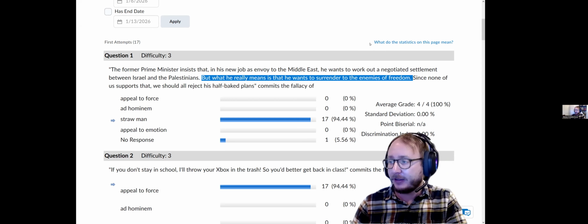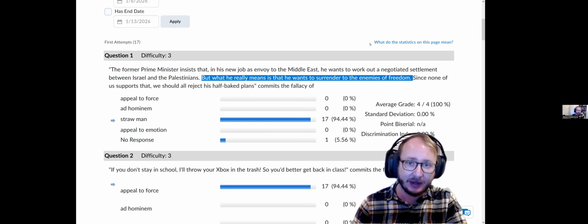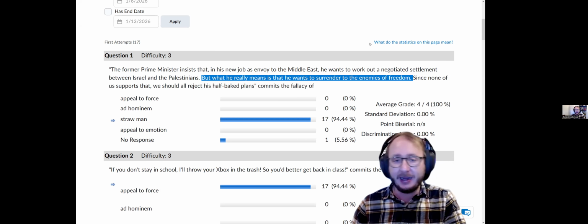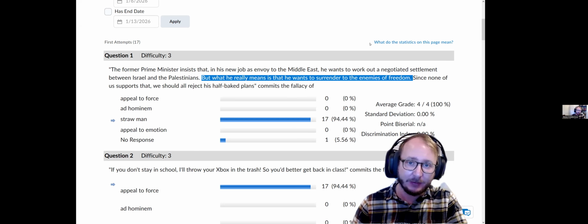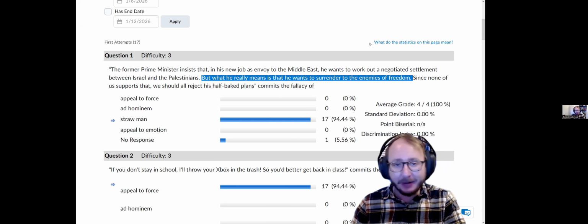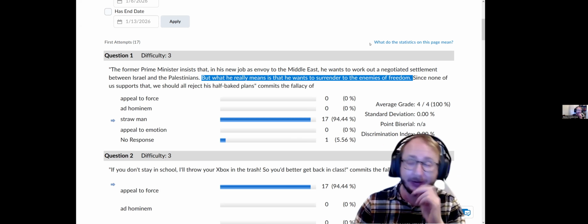This is probably not what the former prime minister actually is trying to say. Nobody would say, my political position is that we should surrender to the enemies of freedom, right? Nobody wants that. Nobody would say that. That's a straw man of what that person said.